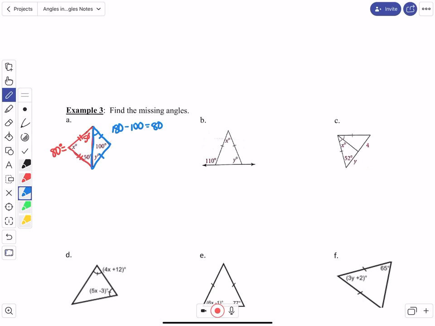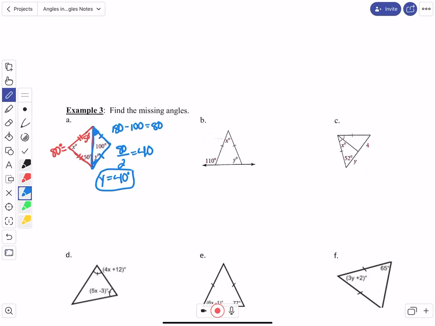Well, that means that this angle and our y have to be 80 degrees total. Well, if they are going to be the same, we just split 80 in half. We would just divide 80 by 2, which means they are both going to be 40 because they're both the same angle. So y would be 40 degrees because 40 plus 100 would give us 180.